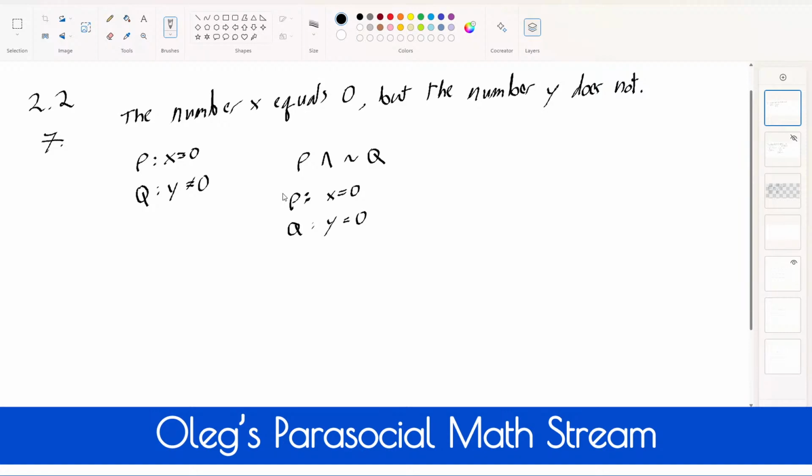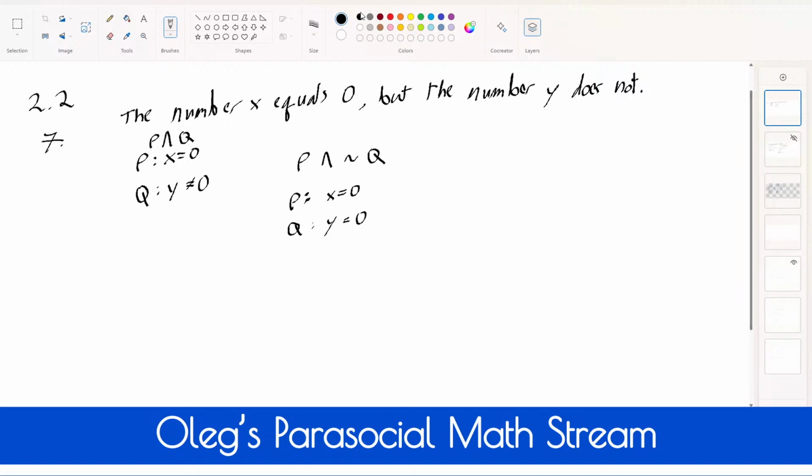We can say P and Q. We can go up here, P and Q. And that way, since we specify what P is and what Q is, even though they mean opposite things, together they work.